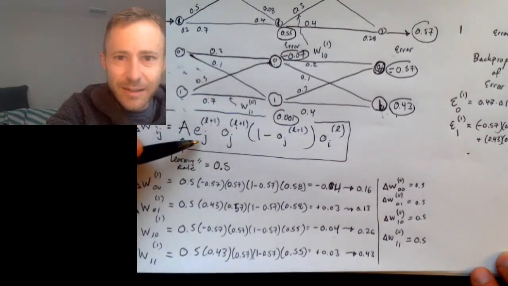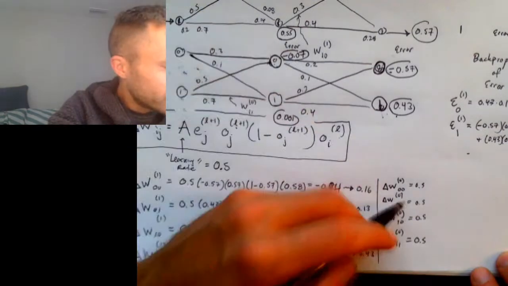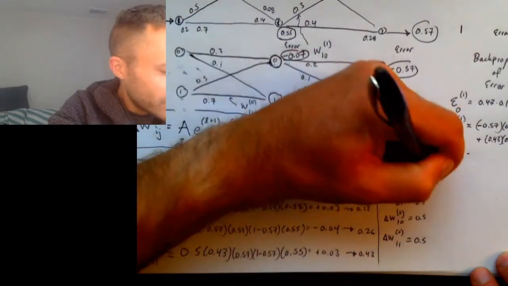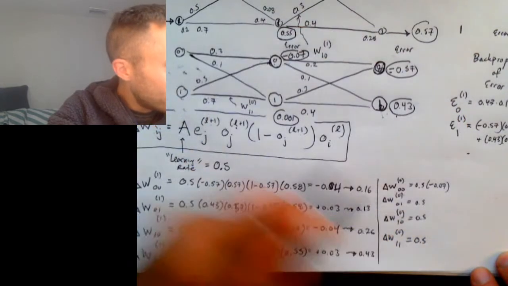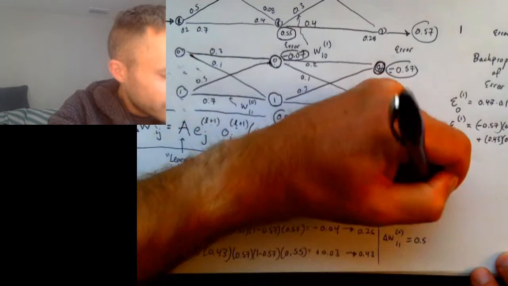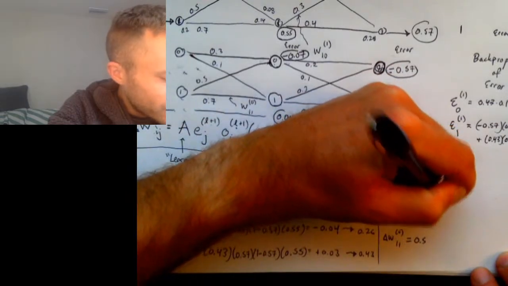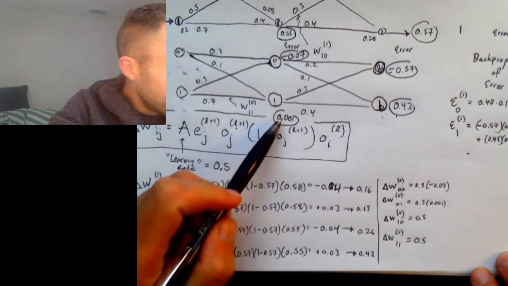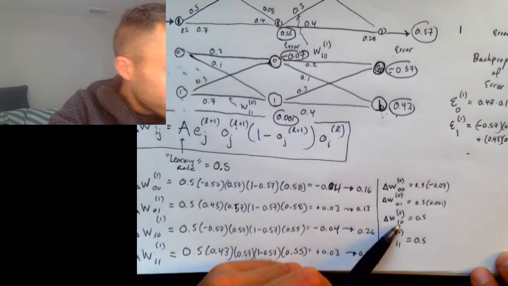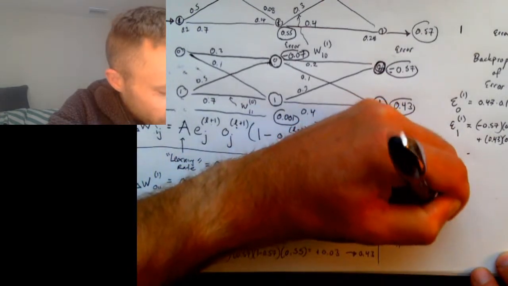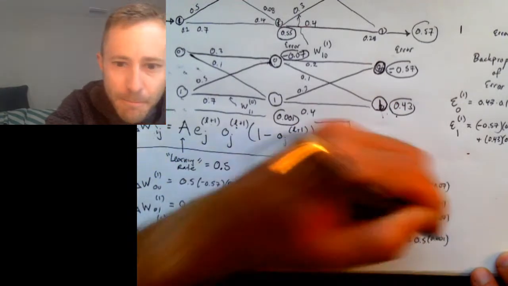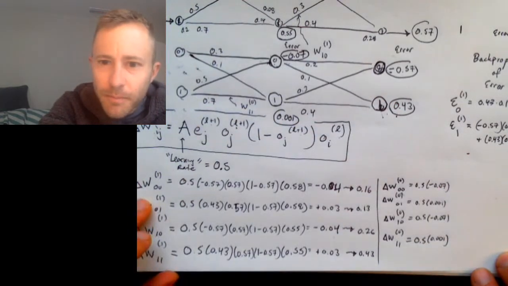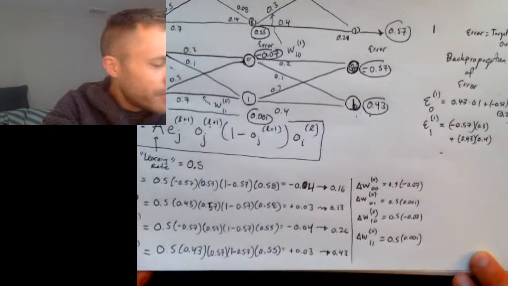Following the second index: second index 0, so my error is negative 0.07. Second index 1, so my error is 0.001. So here is going to be negative 0.07, here is going to be 0.001, like so.